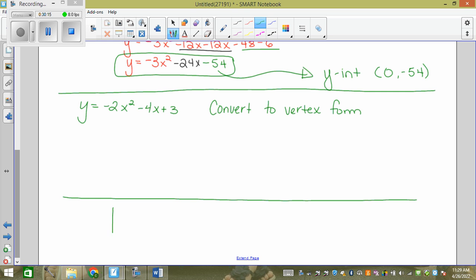Then I'm giving you this. Determine the equation. When I ask you to determine the equation, what form do you have to put it in? Vertex form.